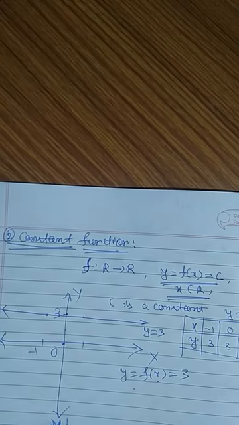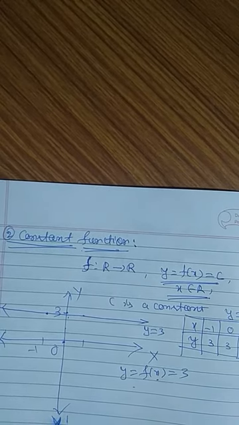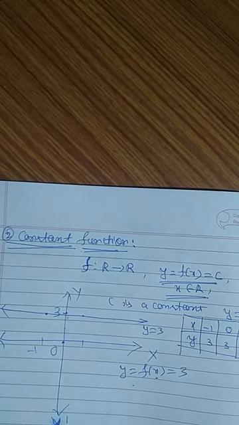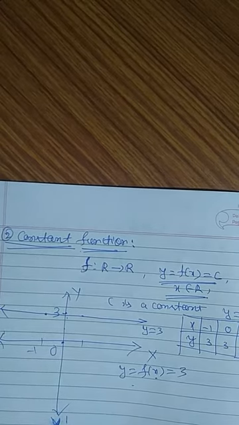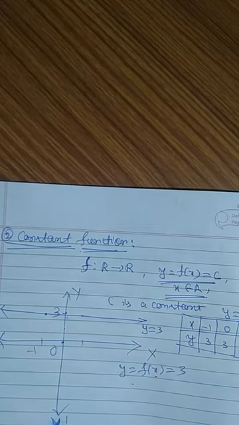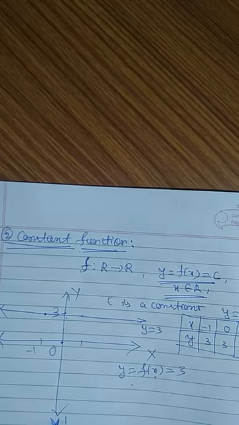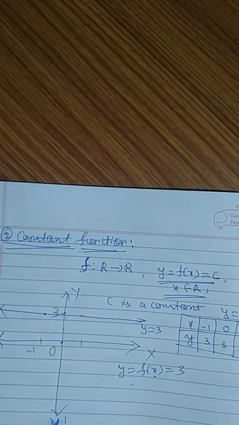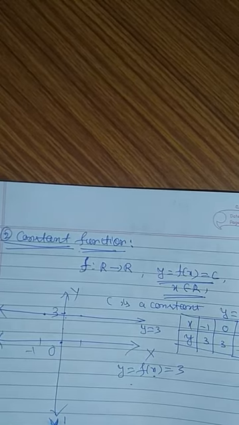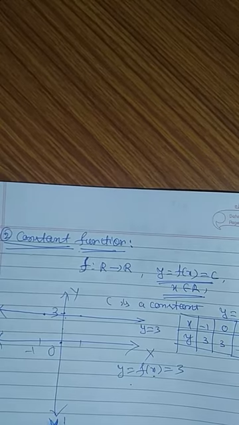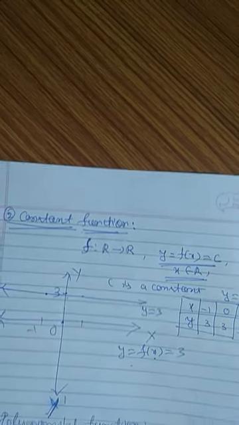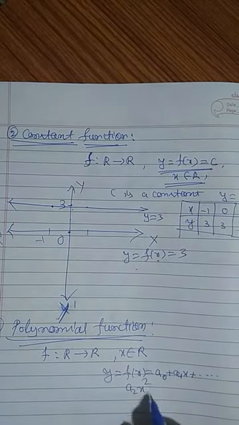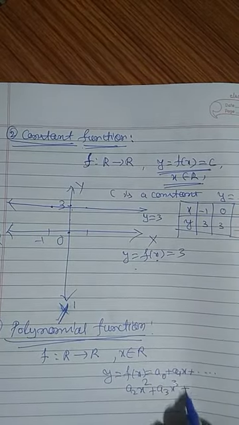Okay, so a function f from R to R is a polynomial function of x which belongs to R, then y is equal to f of x is equal to a0 plus a1x plus dot dot dot plus a2x square plus a3x cube, like this.